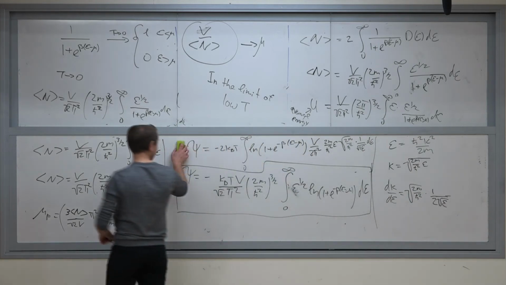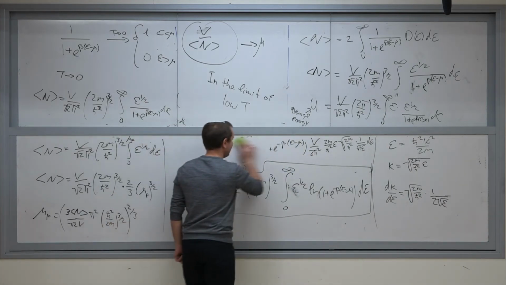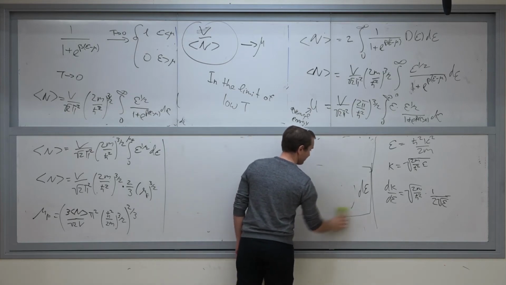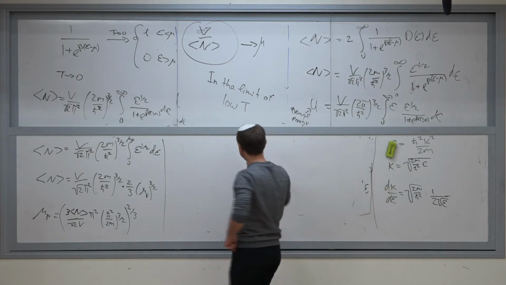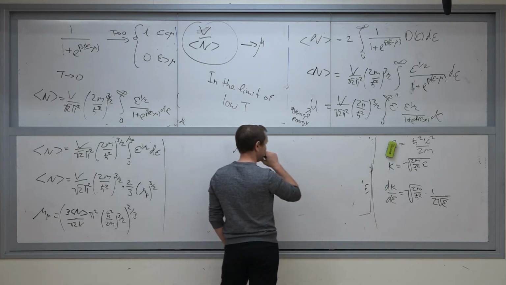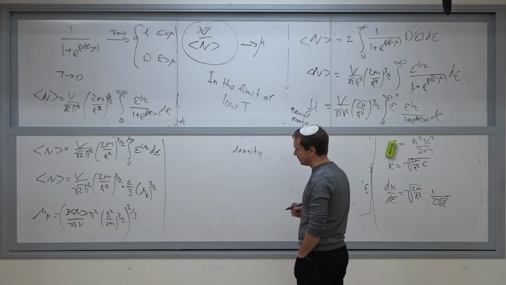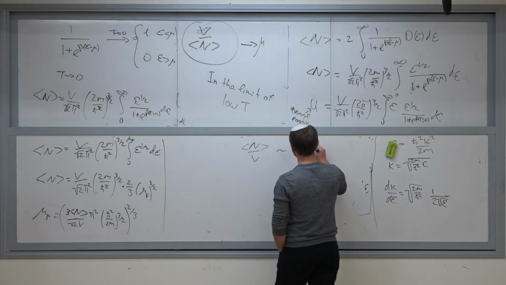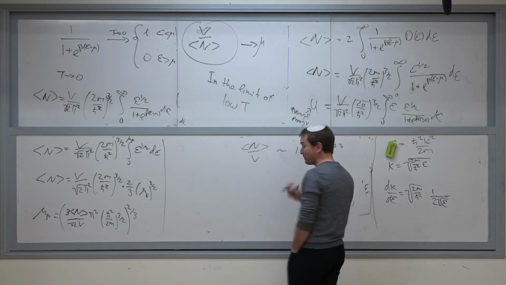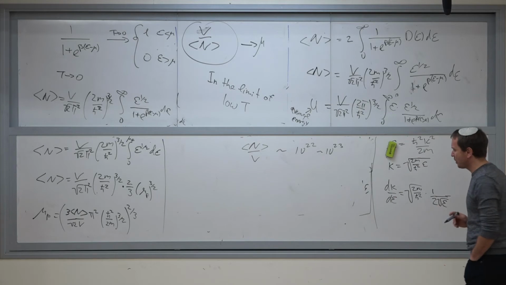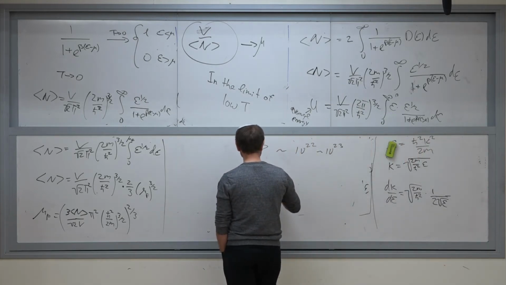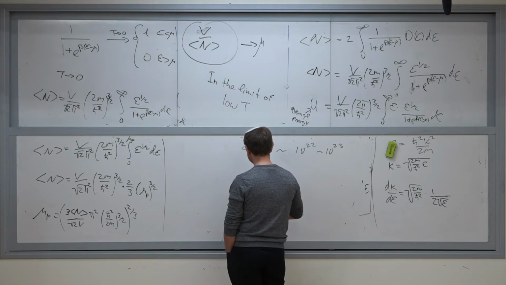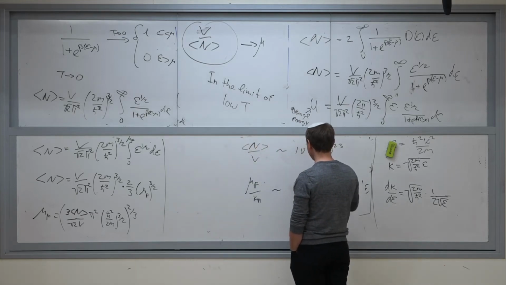Now, if we take the density to be a real metal density, n average divided by V on the order of 10 to 22, 10 to 23, which is what happens in real metals, we get that mu Fermi divided by K Boltzmann is on the order of 10 to the 4 till 10 to the 5.